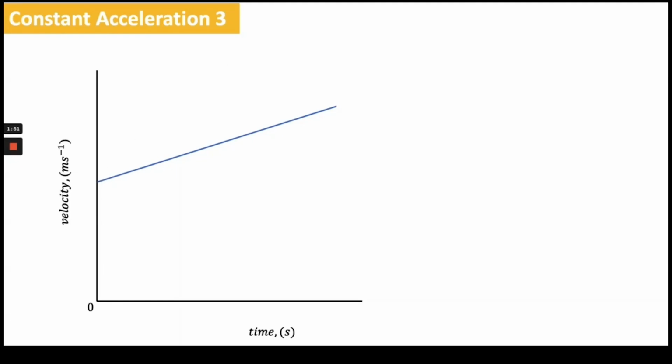In previous lessons, we've seen that the gradient of a velocity time graph represents the acceleration, which is, in all cases, the gradient is the change in the vertical variable divided by the change in the horizontal variable. So the change in y over the change in x. Now here, my vertical axis is velocity.